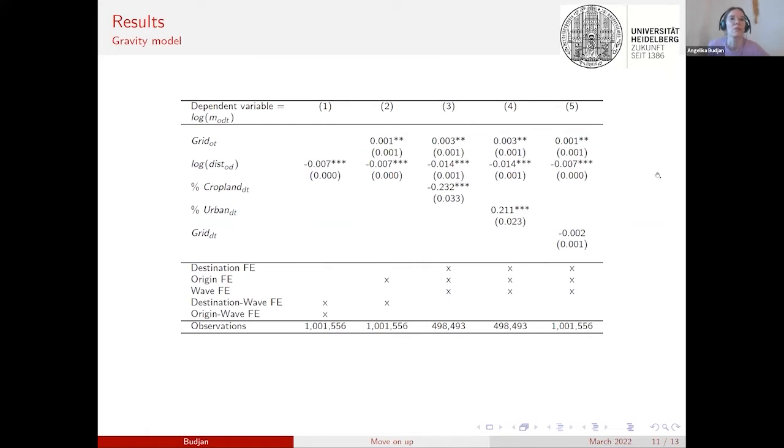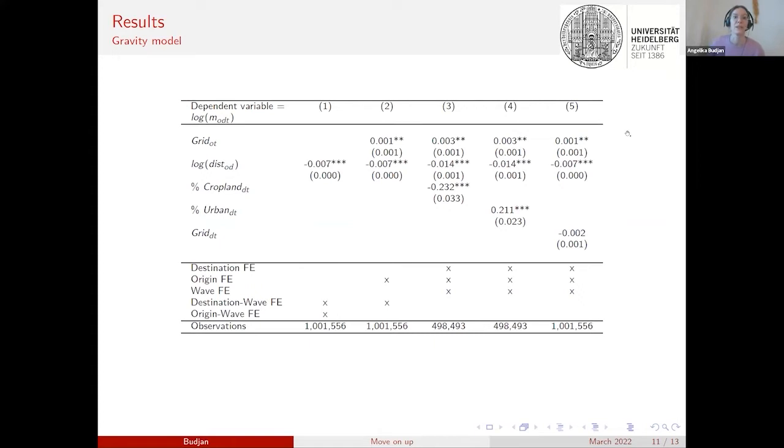Now for the gravity model, I see that, so this is now at municipality level, that municipalities that just received new grid infrastructure show an increase in migration outflows.